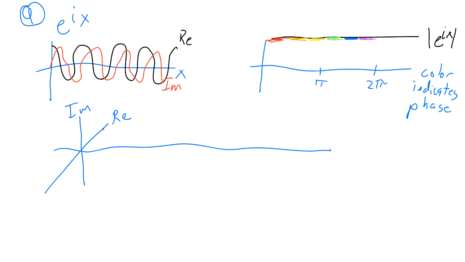Go. So I'm making a 3D plot. Again, so again, this is like a corkscrew.